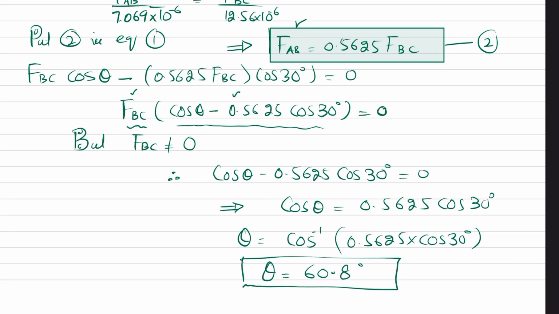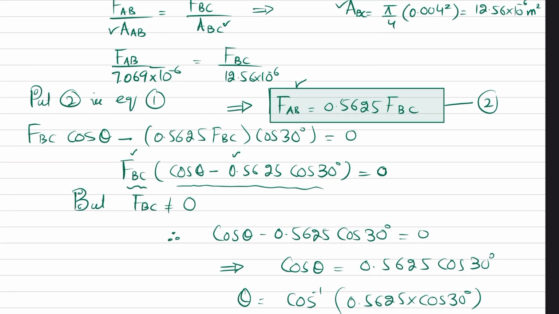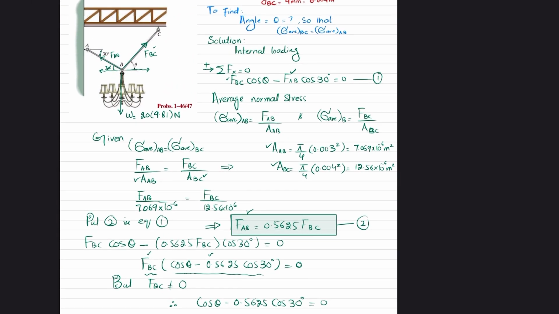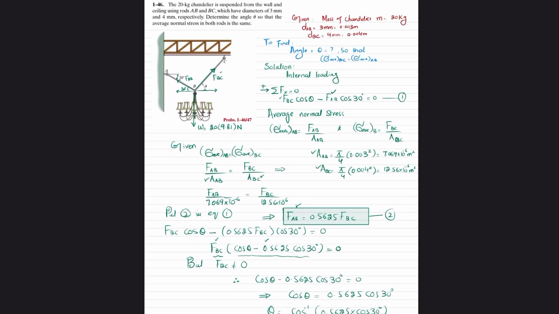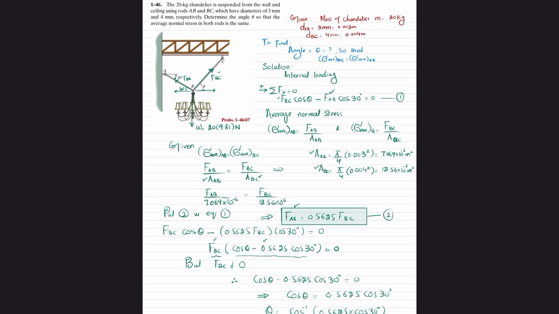So for this angle, theta equal to 60.8 degrees, the average normal stress in BC is equal to the average normal stress in AB.